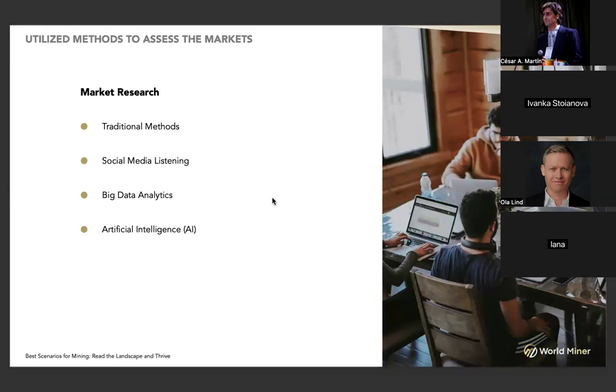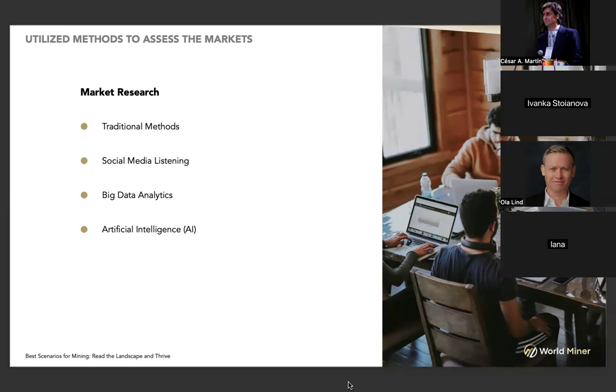And then we have big data analytics, which leverages large data sets from different sources that could include online transactions, website traffic, and social media, to identify patterns and predict market behavior.